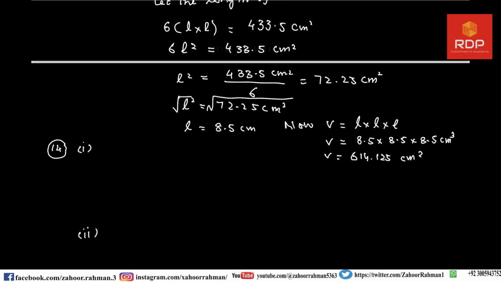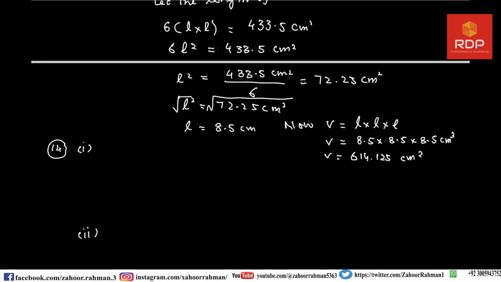Number one part, they are saying if each truck could carry a maximum load of 6.25 meter cube of earth per trip, how many trips were required to fill the entire quarry?